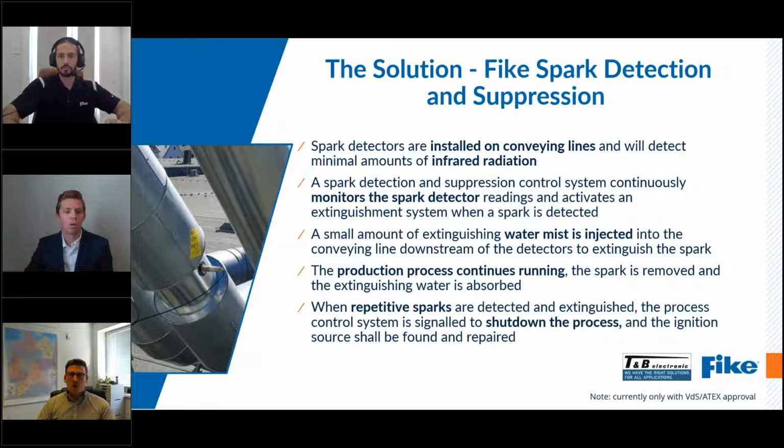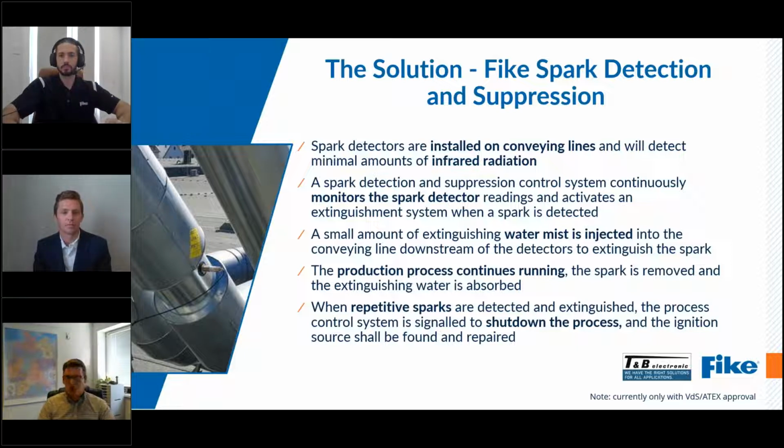As a short summary, I will tell you the function of the spark extinguishing system on one foil. Those spark detectors are installed in conveying lines and will detect very small amounts of infrared radiation. If an infrared detector detects radiation in the suction pipe, it will start the automatic extinguishing.